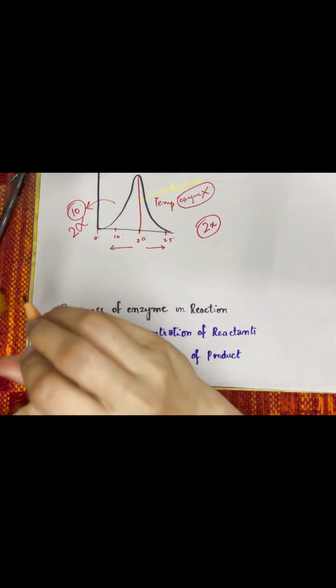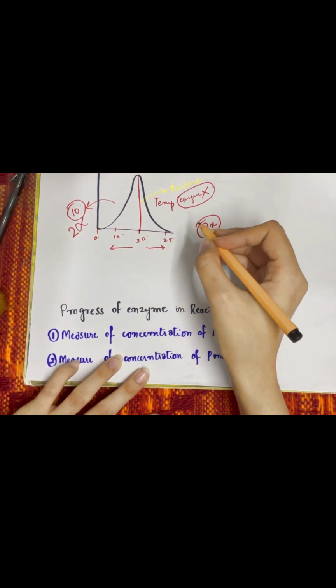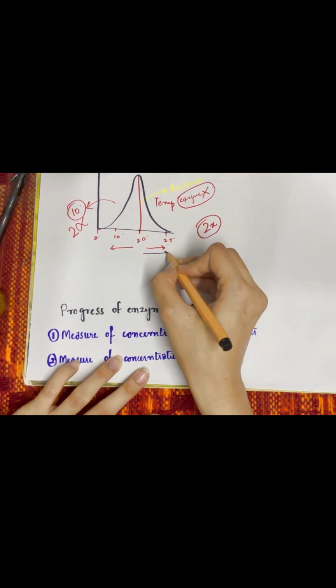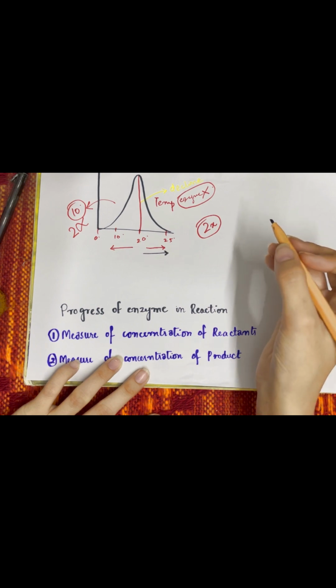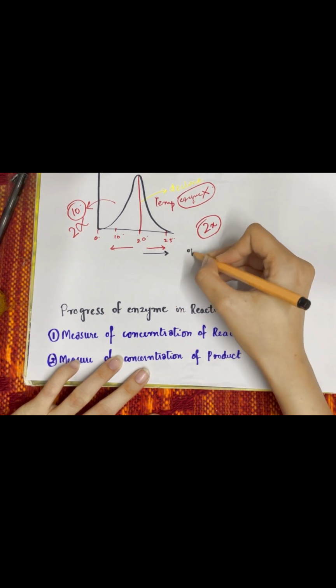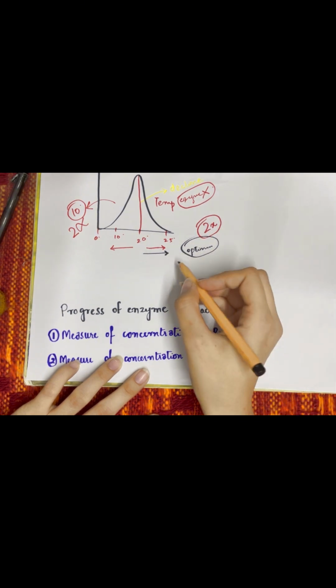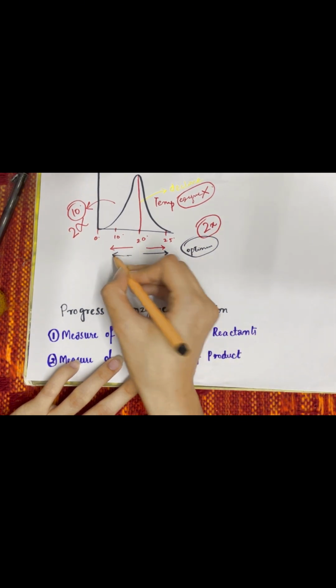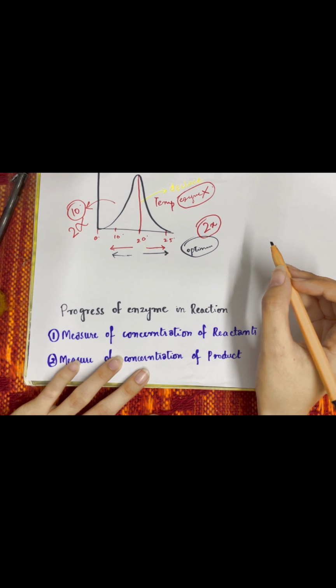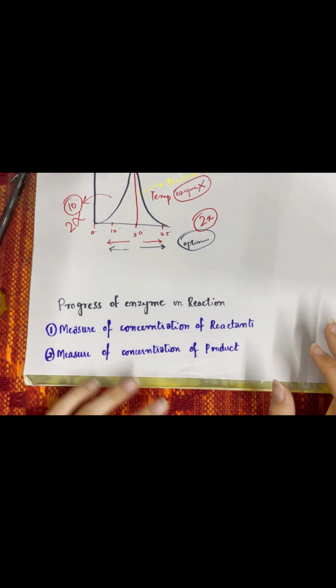The temperature plays a very important role in enzymatic activity. The optimum temperature is the temperature at which the enzyme works at its best. Above it, the enzyme becomes denatured, and if it is lower than its optimum temperature, it does not work very efficiently.